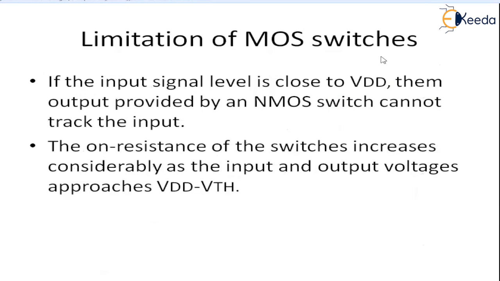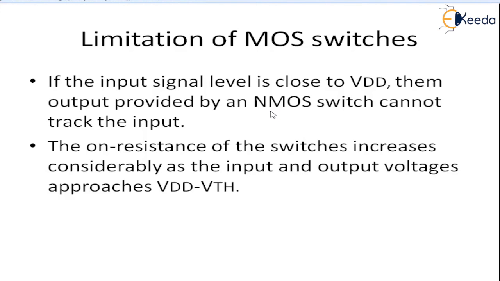So let's take another case. The serious limitation of this MOS transistor is that if the input signal level is close to VDD, then the output provided by the NMOS switch cannot track the input, which is necessary for a MOS transistor to work as a sampling switch. Secondly, the on resistance of the switch increases considerably as the input and output voltage approach VDD minus VTH, so it leaves very small current for charging the capacitor.